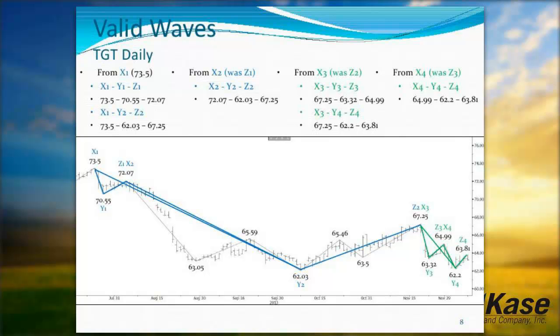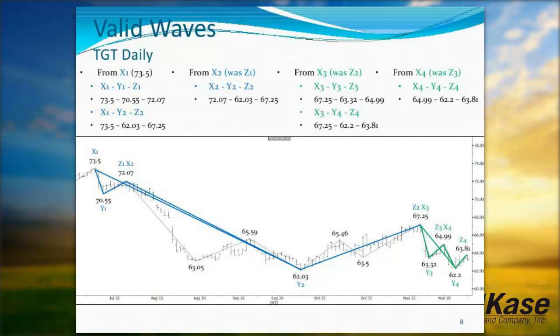Now, you may also be asking why I'm not picking down from 73.50 over to the Y3 and Y4 at 63.32 and 62.22. That is because of the second rule where we said that from any X, which could have been a Z, we can pick any YZ combination as long as those combinations are becoming more extreme.